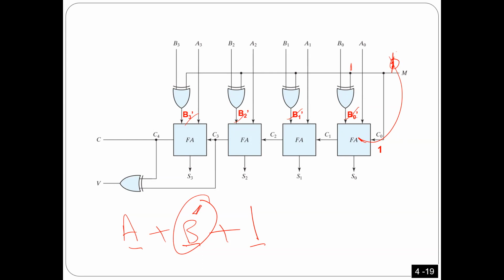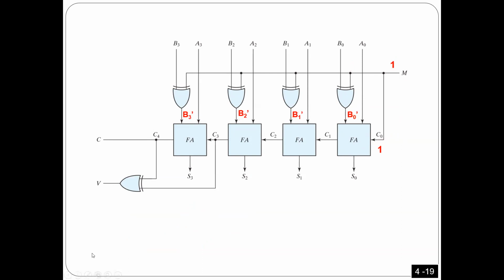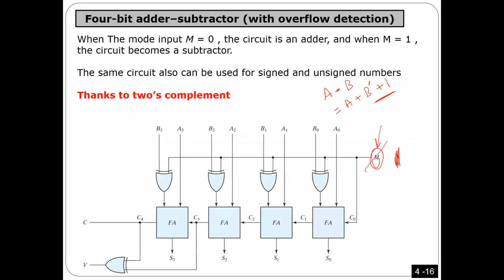Any questions? Okay, now I want to explain this part. What I'm explaining is how I did a 4-bit adder and subtractor. I can control whether the circuit works as an adder or subtractor with this bit. Also, I need to make overflow detection. You remember overflow, right? After you do addition, I want to know if there is overflow or not.